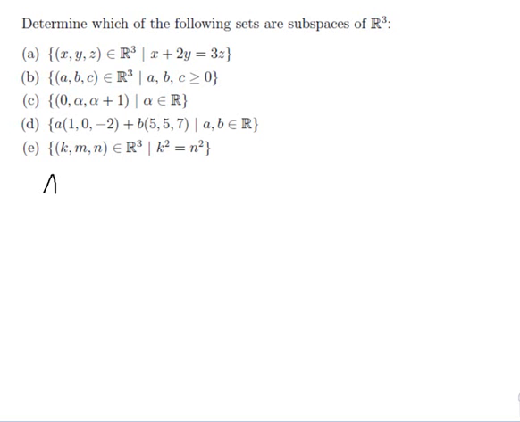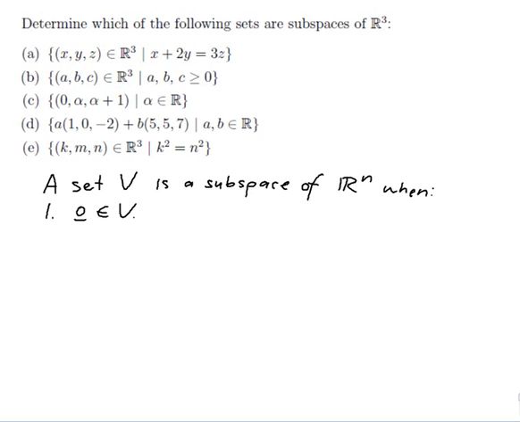So here's the definition. A set V is a subspace of Rn if it's in Rn, when 1, the 0 vector is in V; 2, if U and V are in V, then U plus V is in V. That's called being closed under vector addition.